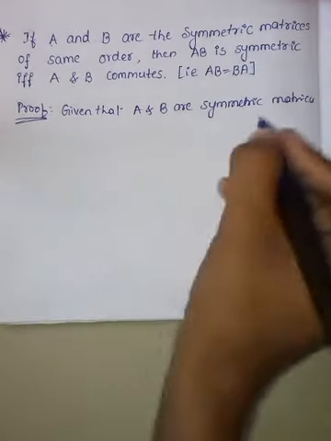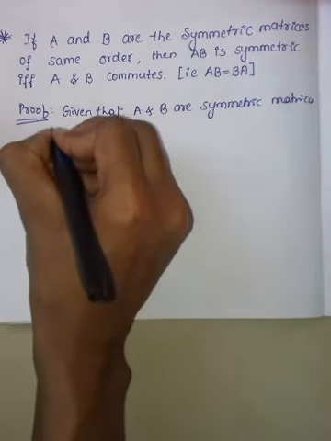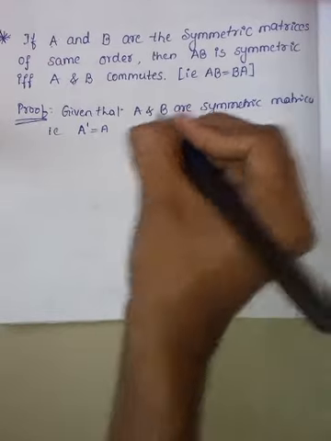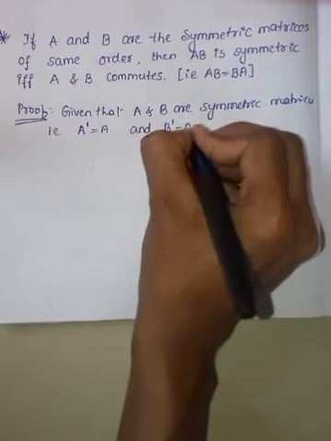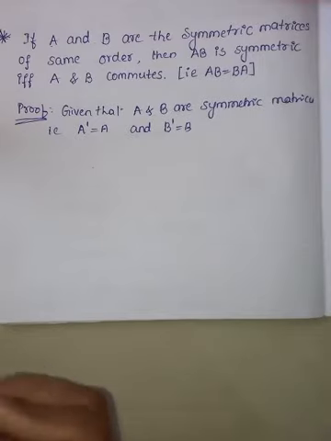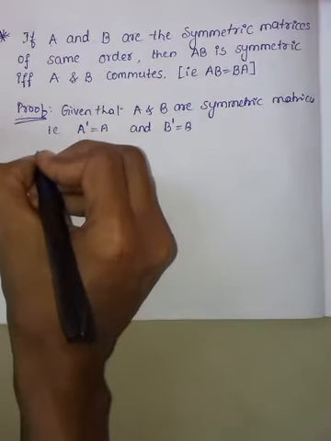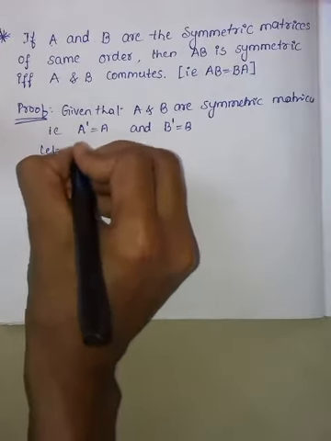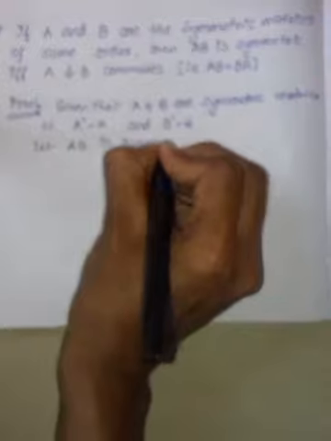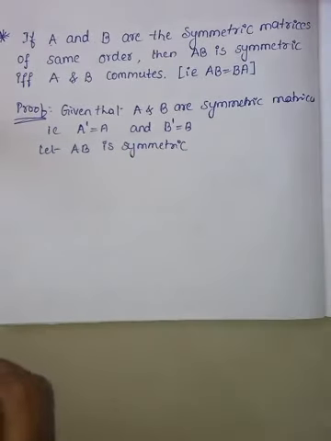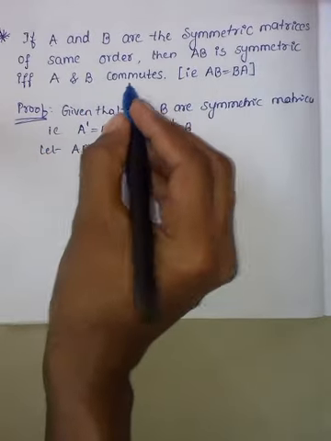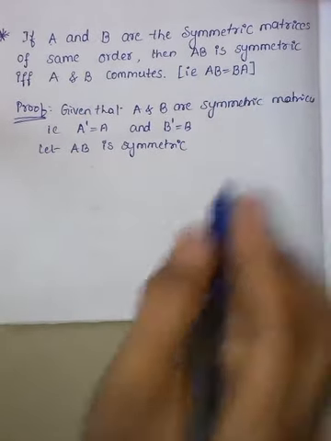According to the definition of symmetric matrices, A transpose equals A and B transpose equals B. Let AB be symmetric. Consider the first part. We have to show A and B commute, meaning we have to show AB equals BA.